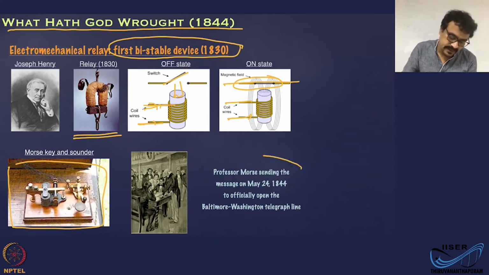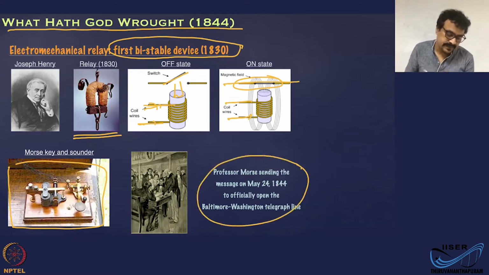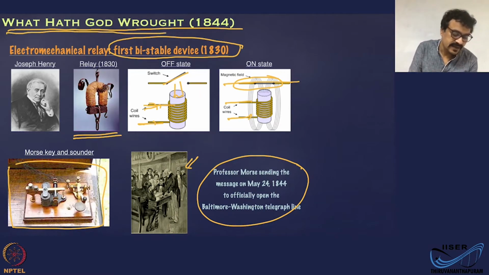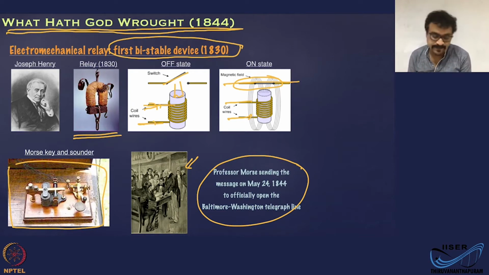And the picture here is Professor Morse sending the first telegraph message, which is "What hath God wrought." It's a sentence from the Holy Bible, but the meaning is, it's amazing, right? That has been transmitted from Baltimore to Washington over a telegraphic line, and this is the picture showing that occasion.